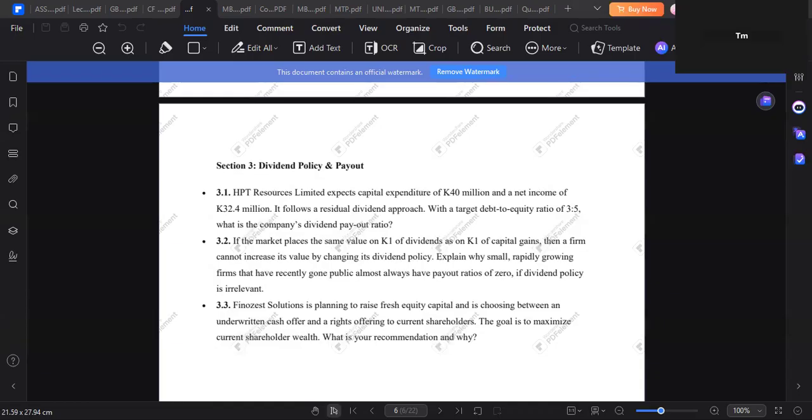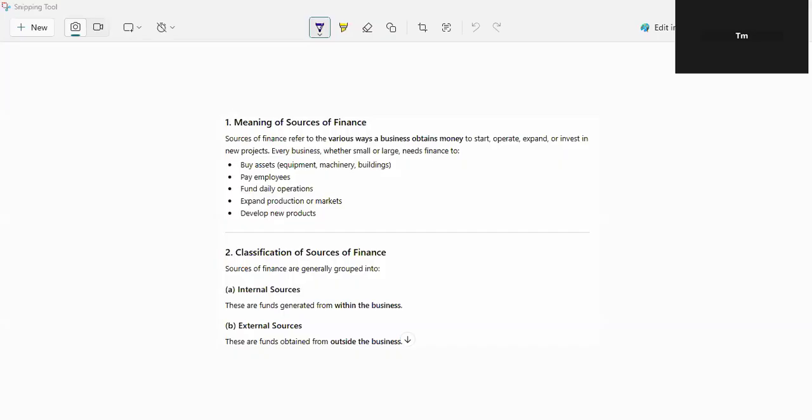Under internal, one of the main ones is where shareholders can contribute more money to the business, or their equity, instead of getting their returns, they put it back into their business. Then one of the external ways, they can either do it through a bank loan, where they obtain a loan from the bank, or maybe a bank overdraft, where their account allows them to withdraw more than what's in the account.